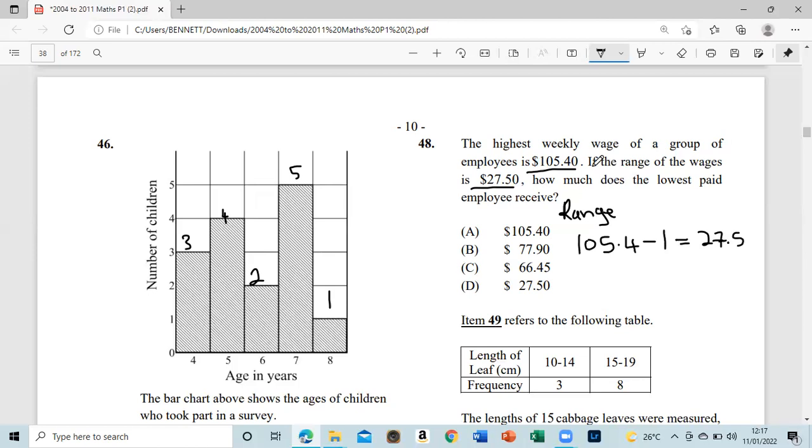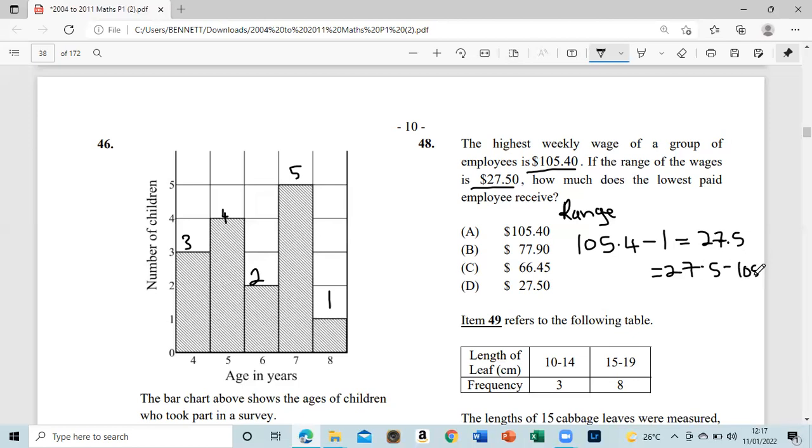So the range, let's see, the highest weekly pay is 105. If the range of the wages is 27.50, how much does the lowest pay? Okay, so we need to add what to 27.50 to give this. So it'll be 27.50. I use the calculator and minus 105.4.